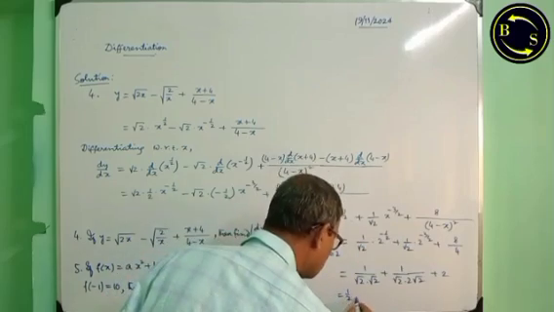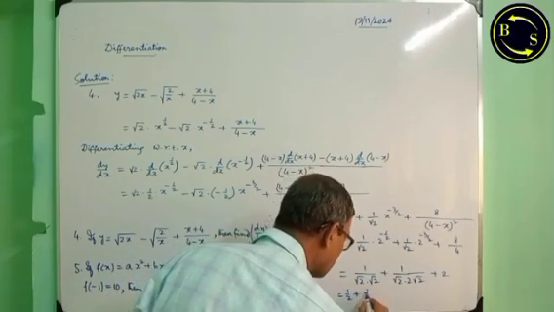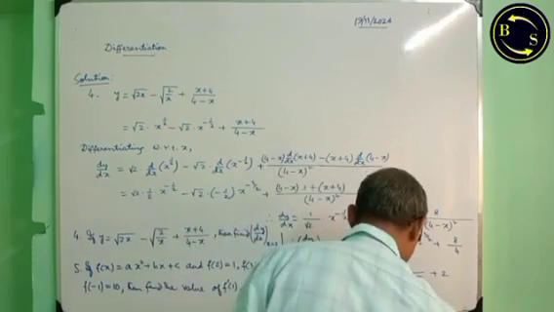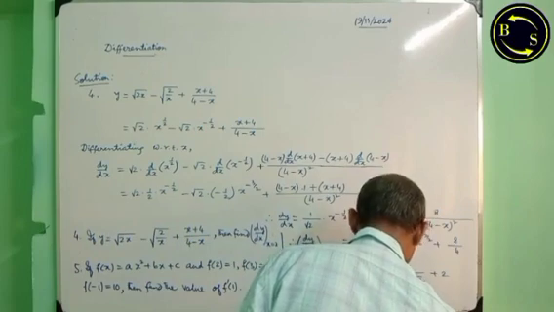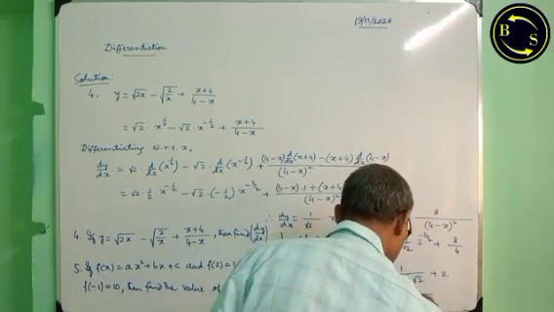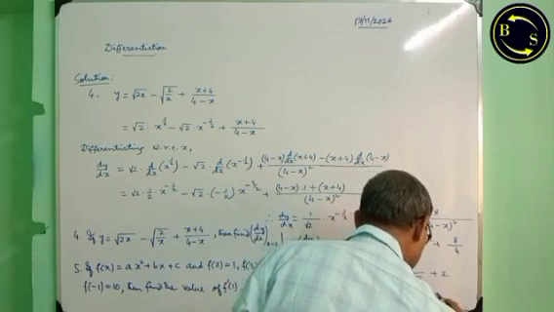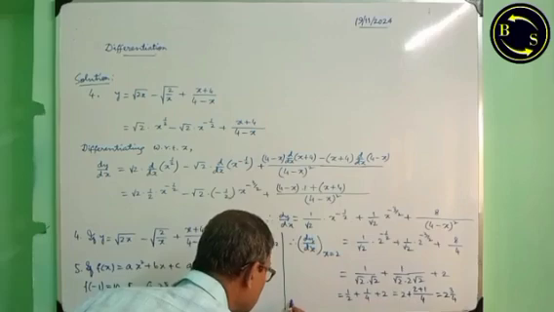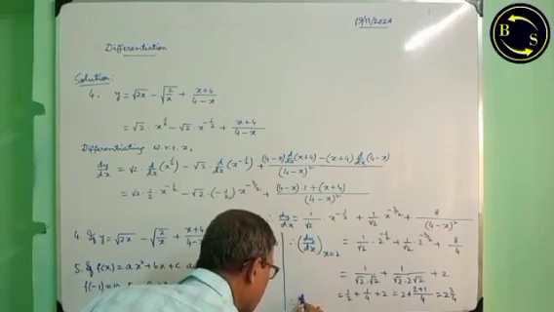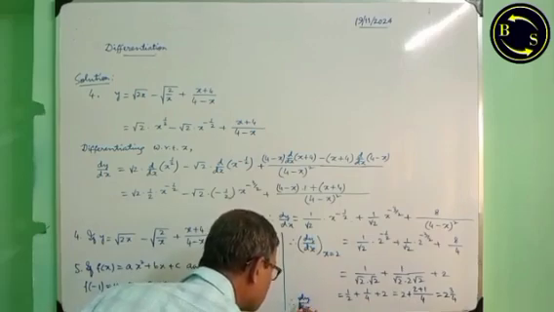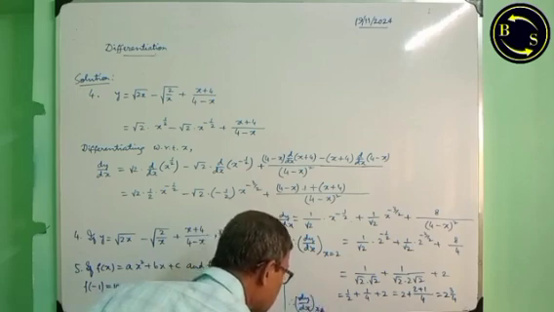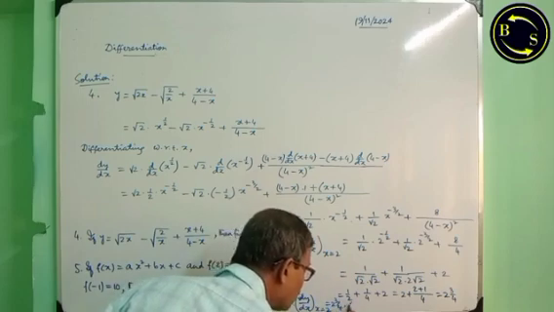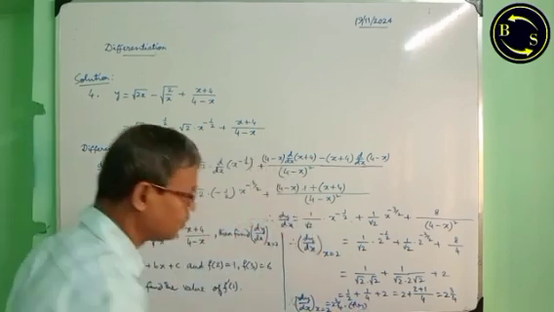Therefore, this is half plus 1 by 4 plus 2. Finally, we get dy/dx at x equal to 2 is equal to 2 whole 3 by 4. Answer.